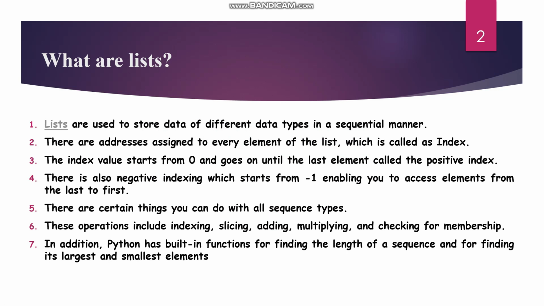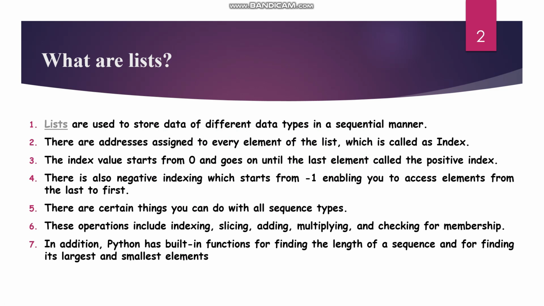And what is index? It is an inbuilt function in Python which searches for a given element from the start of the list and returns the lowest index, which means n minus 1, where the element appears. The parameter is the element whose lowest index is to be returned, and the index value starts from 0 and goes on until the last element, that is known as positive index.